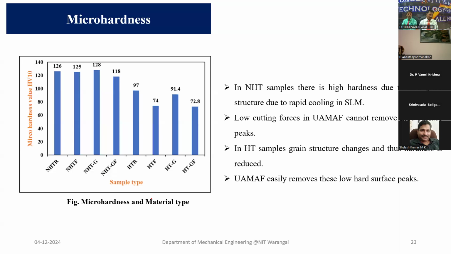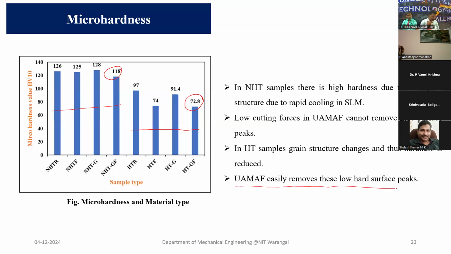And these are the same 8 samples. This is the micro hardness of the different samples. Micro hardness is also less for this one, right? Of course, among these 4 samples this is less, and among these 4 samples this is less. Like this, we got different surface hardness, because UAMF easily removes these low-hard surface peaks.